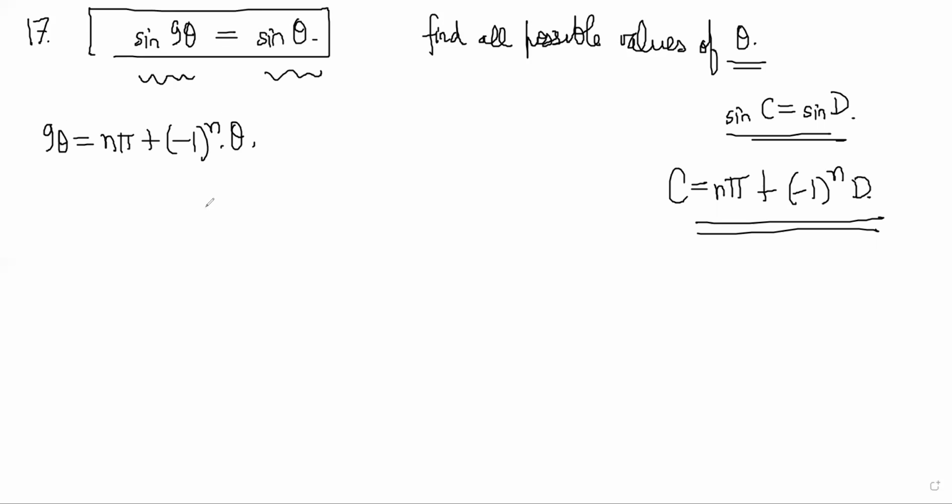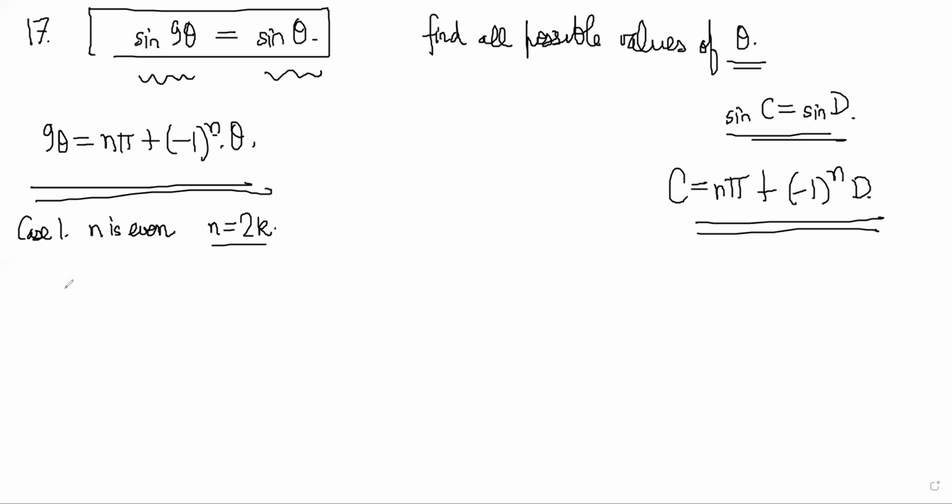Now it is still not solved because we have to find theta. Here there is a sign change depending on whether n is even or odd, so I will take two cases. Case one, n is even, then n can be written as 2k, some integer.